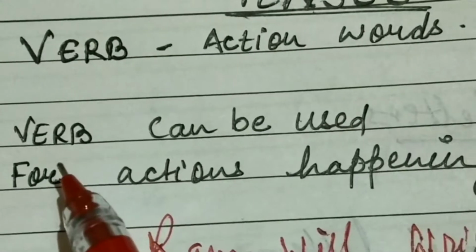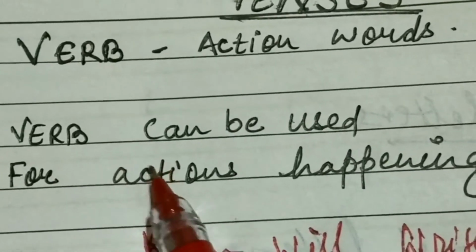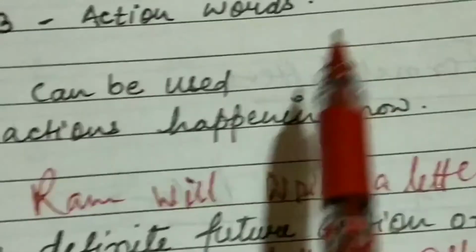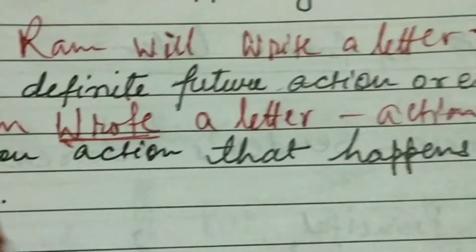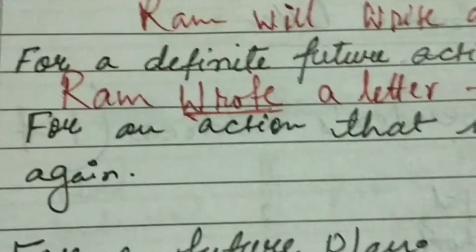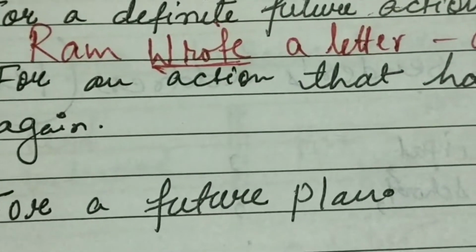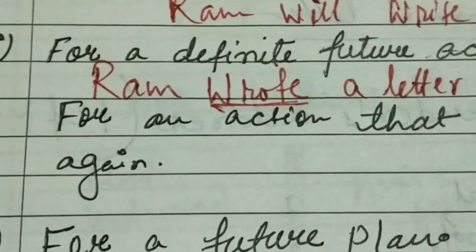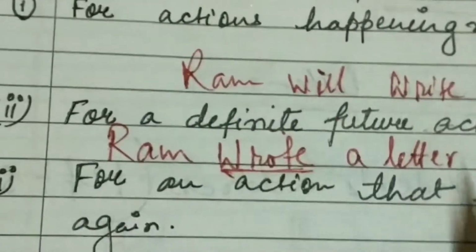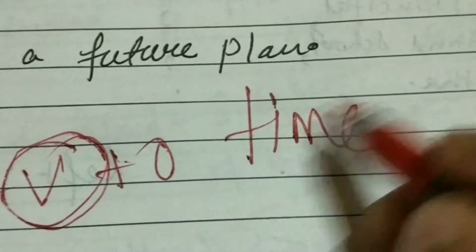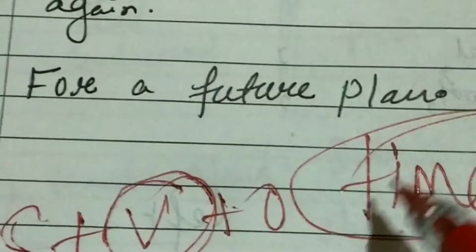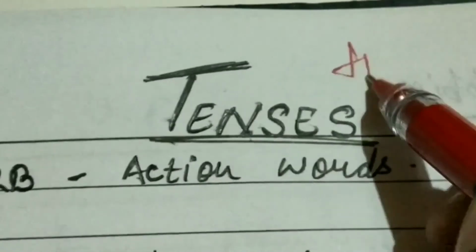So we can say that we use a verb for actions happening now, or for a definite future action, or the action that has happened, or for any future plans, for denoting habits. So all these sentences, what are they denoting? They are denoting time. Tense means time.